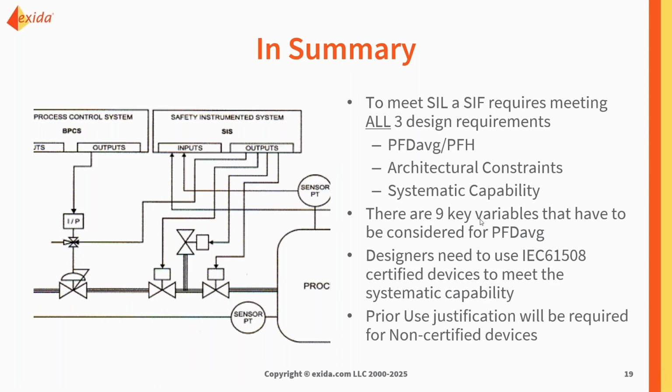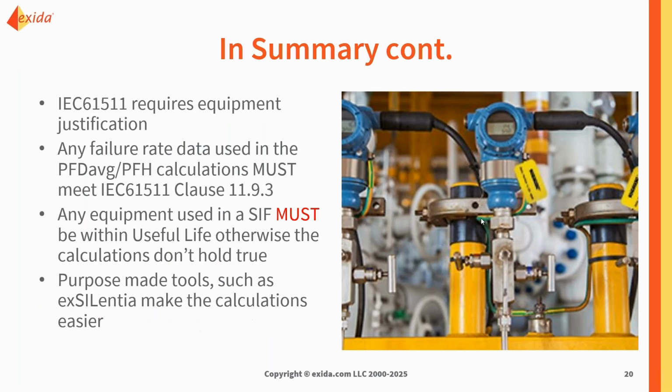As I've said, wherever possible, we need to use the certified devices. We have to justify the equipment, and there's only 2 routes, the 1508 route or the prior use justification. And any failure rate data that's used in the calculation must meet that clause 11.9.3. In other words, the failure rate data has to be credible, traceable, documented, and justified.